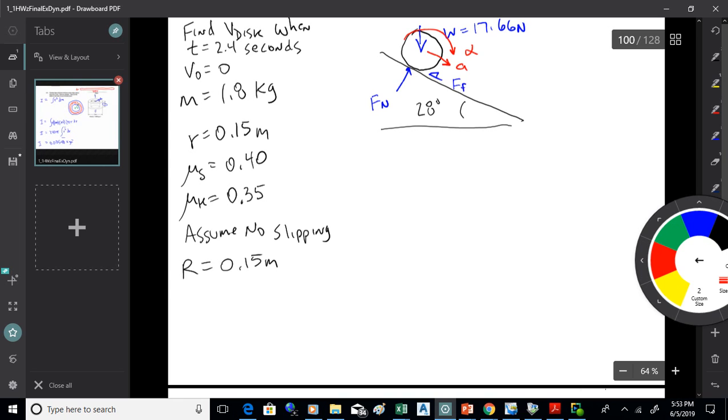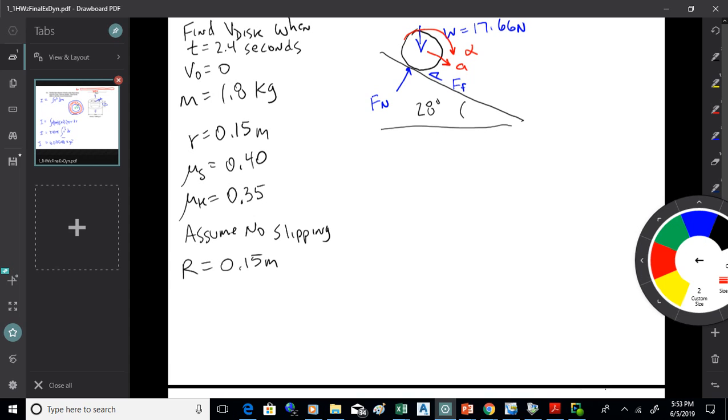So that would be a simple free body diagram that we would start with that didn't really require too much calculation just yet. That would be our starting point. Now once you have that, there's actually two ways we've gone through to handle these rolling problems, two types of equation sets or approaches you can take.